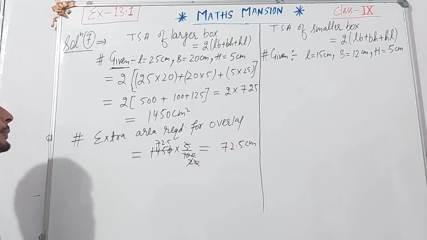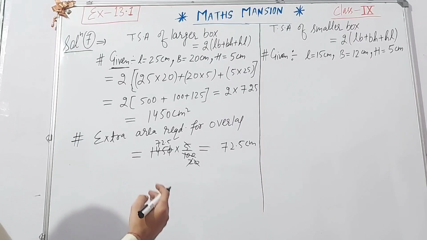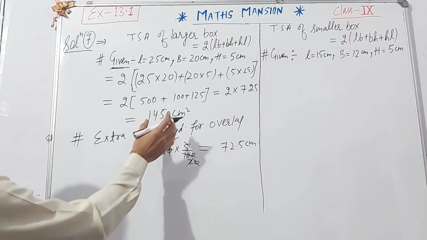So this 72.5 is the extra area required for the overlap.